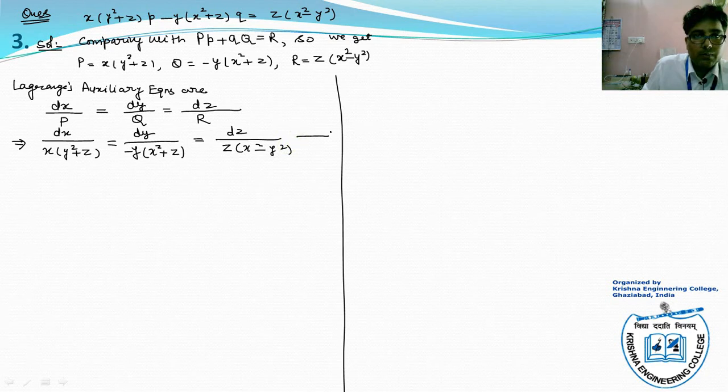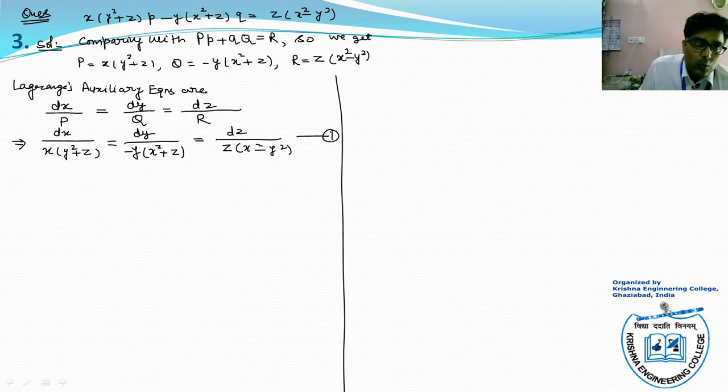This is equation number first. Dear students, there is a notable point here: the grouping method is not applicable here. So in this case we use the Lagrange's multiplier technique.